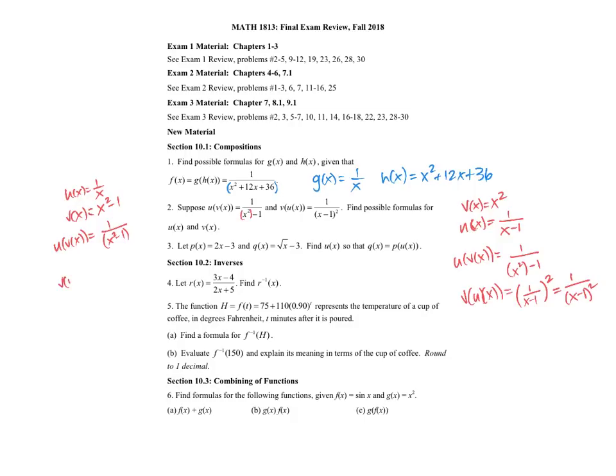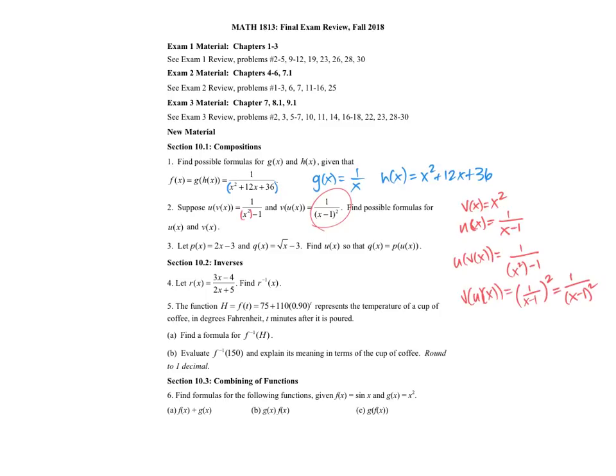But if we did v of u of x with that one, we don't get the right thing, because that would be 1 over x squared minus 1, which is not equal to what it's supposed to. So, in other words, my first instinct for u of x and v of x didn't work, so I modified that slightly to get the other thing.